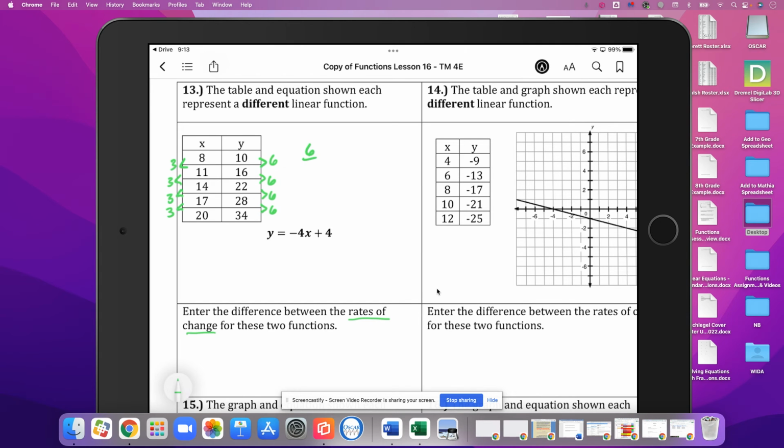So we've got 6 over 3, or 2, is our rate of change. And for the equation, it is negative 4. Those are going to be on opposite sides of 0. So we have to be careful with the difference between them, because the difference is going to be 4 plus 2 more, a total of 6.